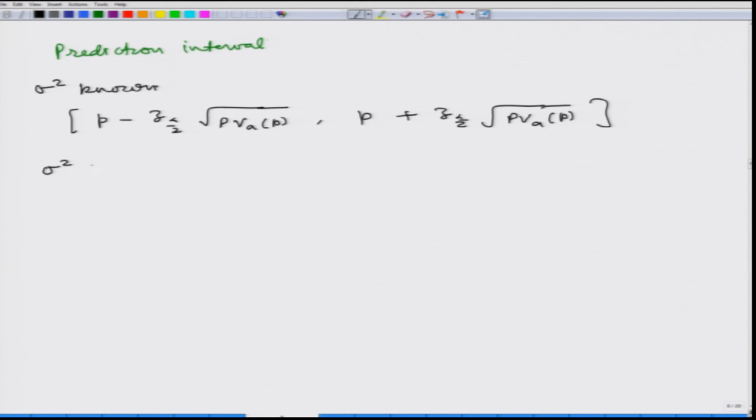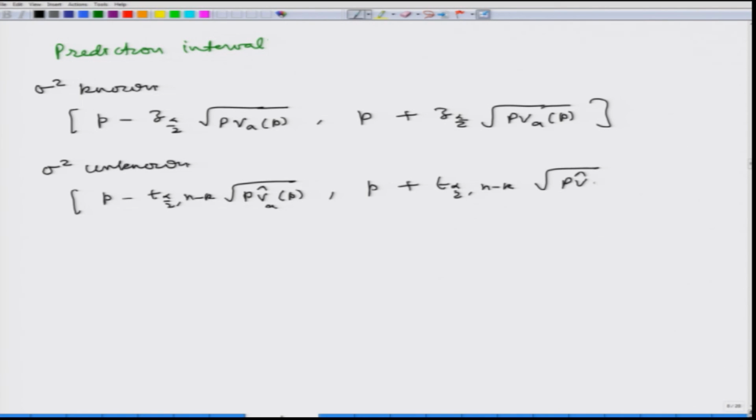The second case is when sigma square is unknown. In this case the prediction interval uses the T distribution with n minus k degrees of freedom: P minus T alpha by 2, n minus k, times the standard error of P when it is used for actual value, and P plus T alpha by 2, n minus k, times the standard error of P when it is used for actual value prediction.